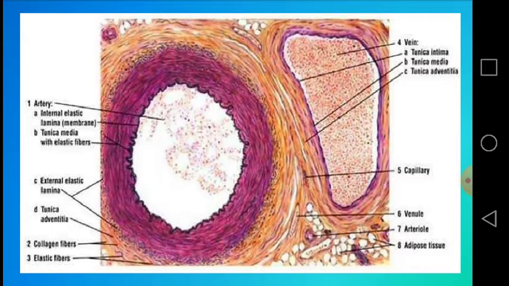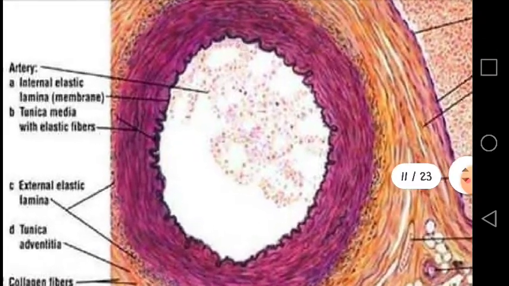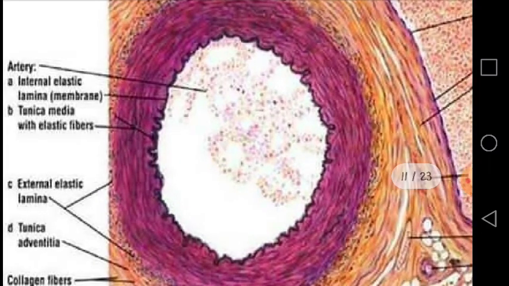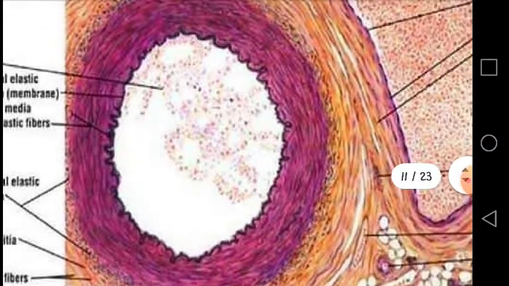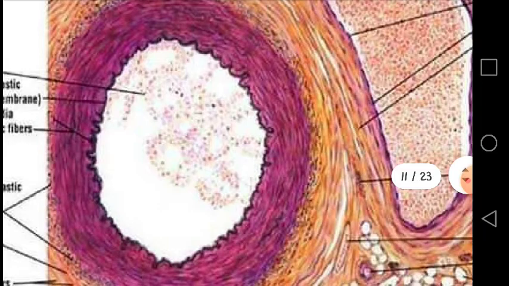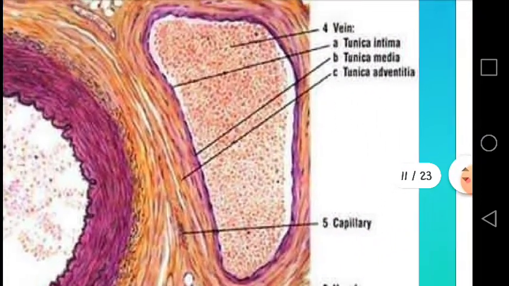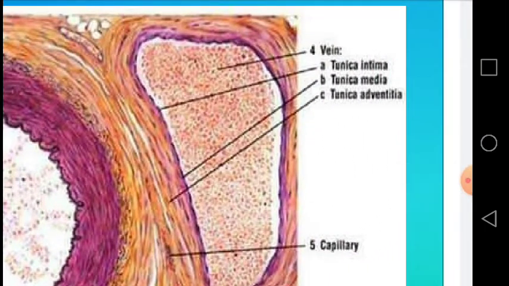In the artery you can see internal elastic lamina, tunica media with elastic fibers, external elastic lamina, and tunica adventitia. You can see collagen fibers and elastic fibers are also there, and the arteries are having this lumen, while the veins have tunica intima, tunica media, and tunica adventitia.